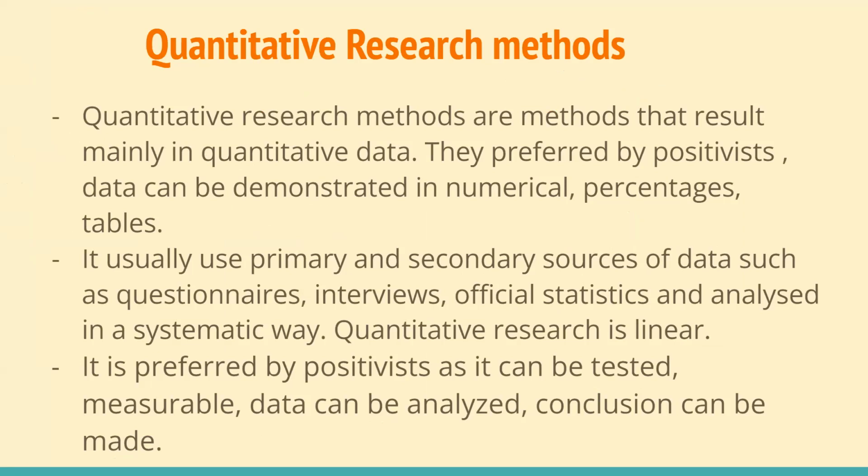Quantitative research methods. Now, quantitative research methods are methods that result mainly in quantitative data. By now, you know that they are preferred by positivists. Data can be demonstrated in numerical percentages or tables.